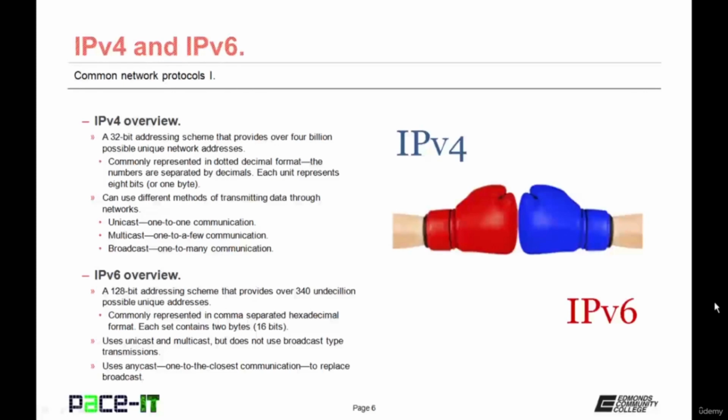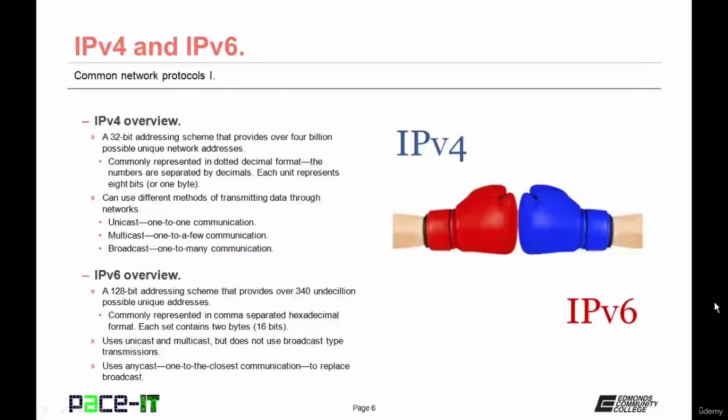IPv6, on the other hand, is a 128-bit addressing scheme that provides over 340 undecillion possible unique addresses. That is a lot of addresses. It's commonly represented in a colon-separated hexadecimal format. Each set contains 2 bytes, which is equal to 16 bits, and each set is separated from the others by a colon.